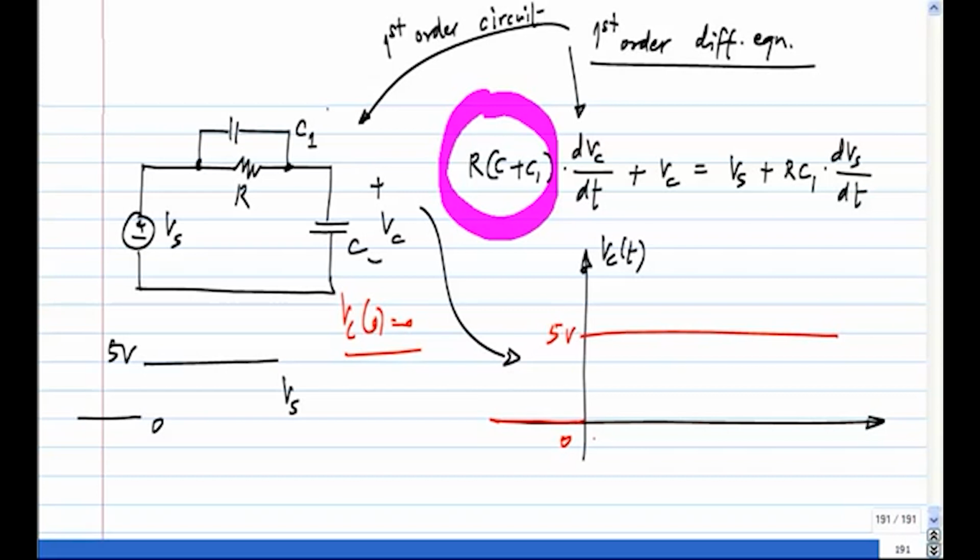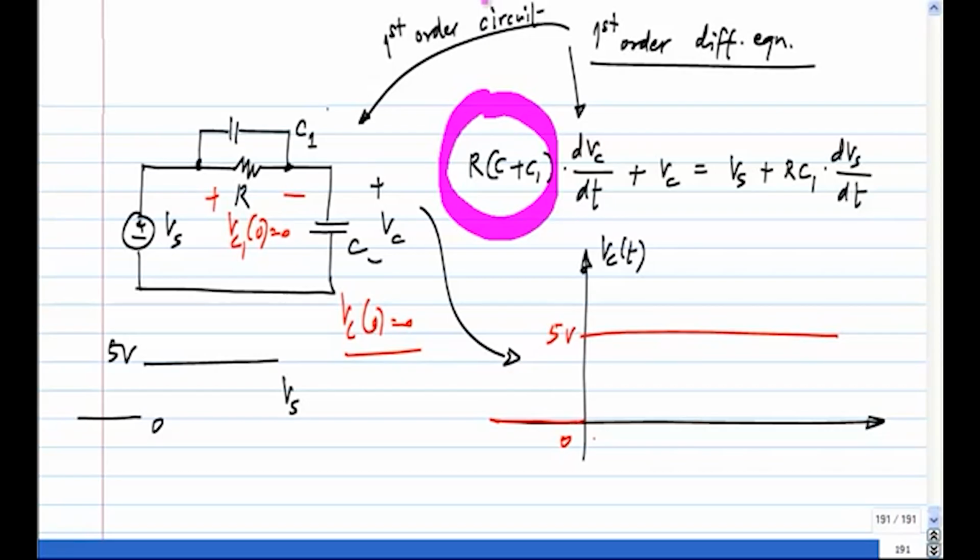But now you have a voltage across this capacitor also. Before you apply the step, Vc1 of 0 is 0 and Vc of 0 is also 0. If this voltage does not jump at all, then the other voltage will jump. The same reasoning does not seem to apply.